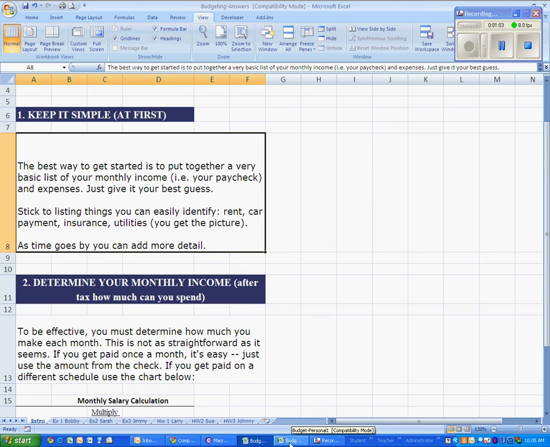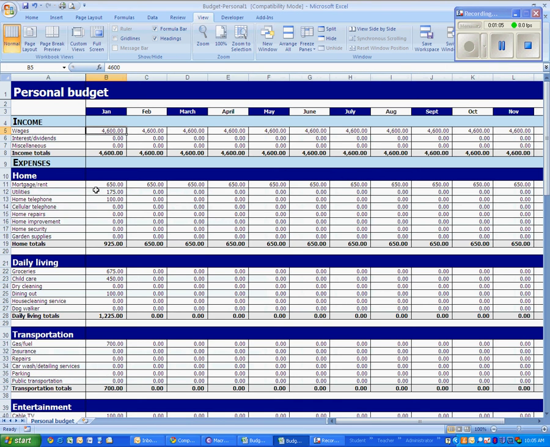Here's an example of a more complicated budget that you might be able to use when you're starting this process. You can see in here it's broken up into different months: January, February, March, etc. And in this first column here are the different categories of your income and expenses.